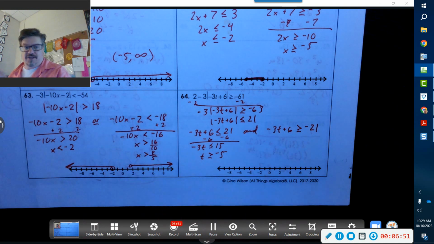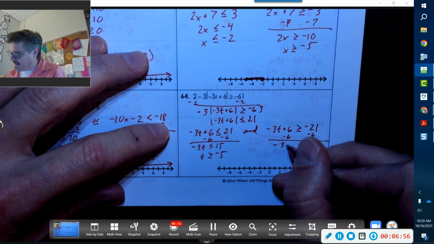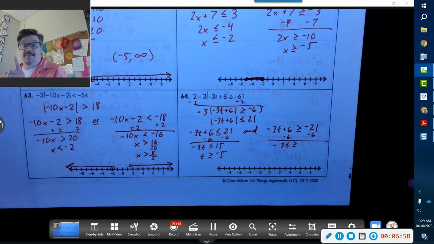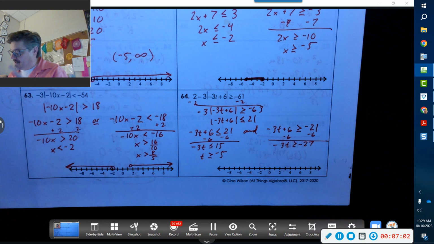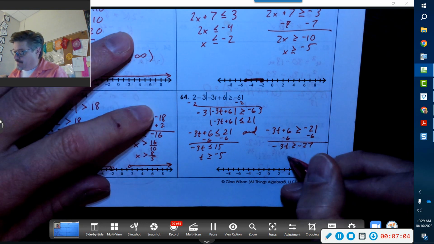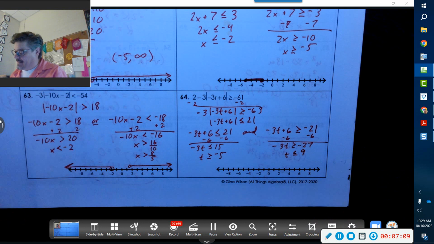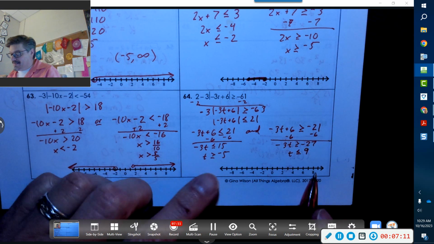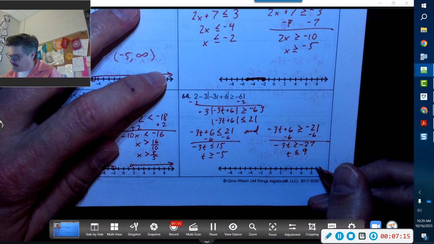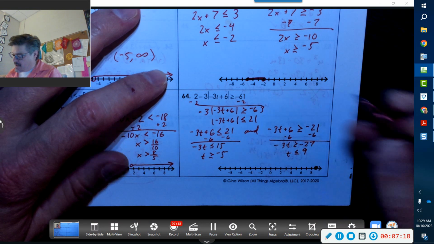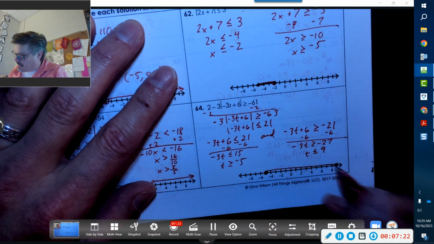So watch out for that. Negative 6, negative 6, negative 3t is greater than, I haven't divided by negative 3 yet, so that's why I'm not switching the direction. It's 27. Now I'm going to divide by negative 3, and that would be less than or equal to 9. So is this going to give us a sandwich? We're greater than negative 5 and less than 9, yes, perfect. So that's right there, and that's right here, and we want everything in between.